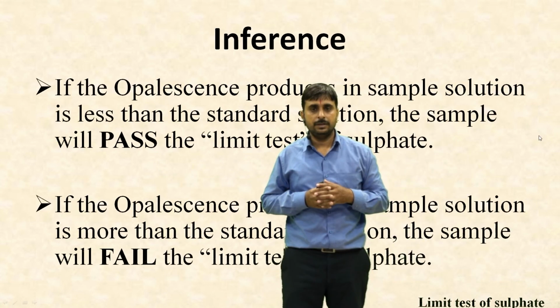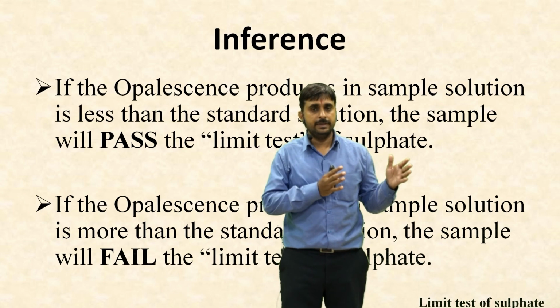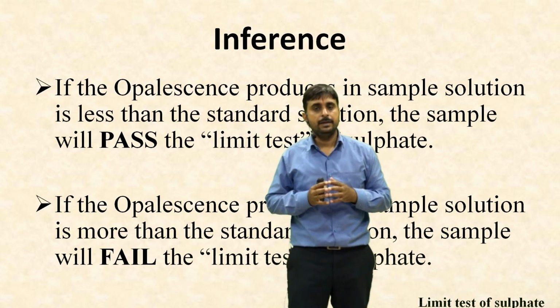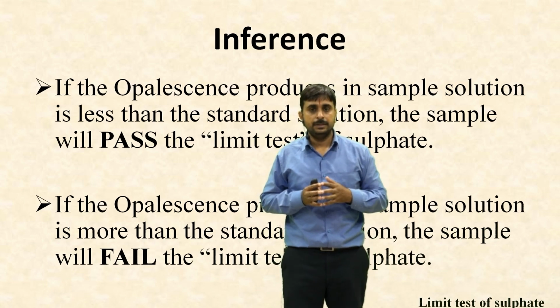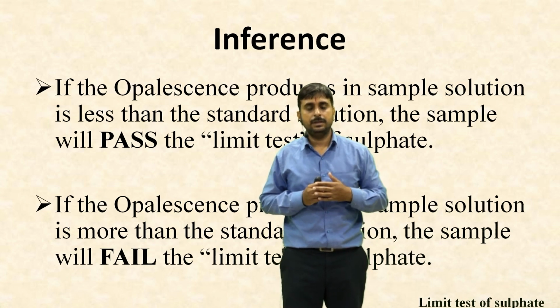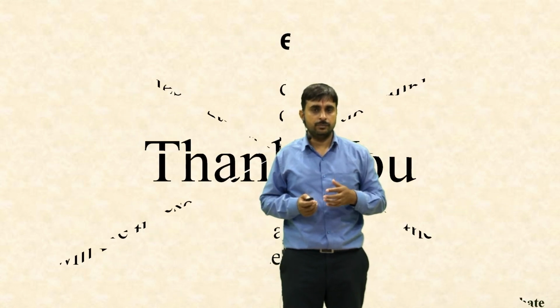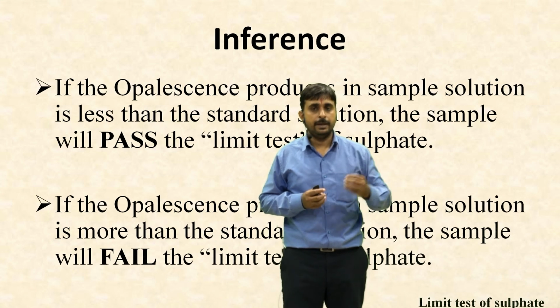So if the concentration of sulfate in the sample is less, it passes the limit test. If it is higher, then it fails. Now we'll move to the practical part of this technique in the lab and study it.